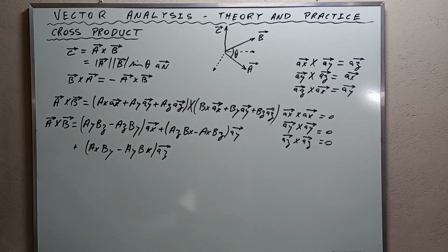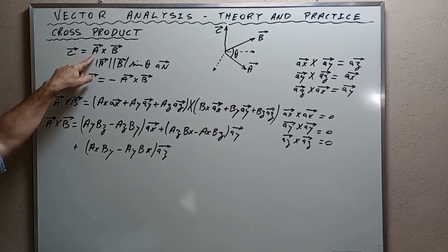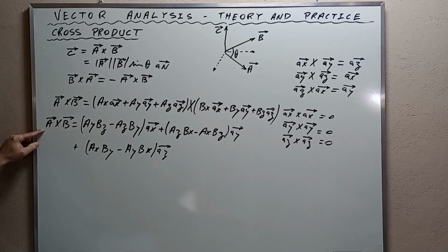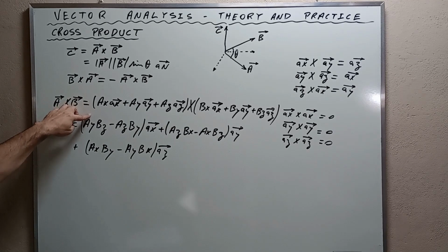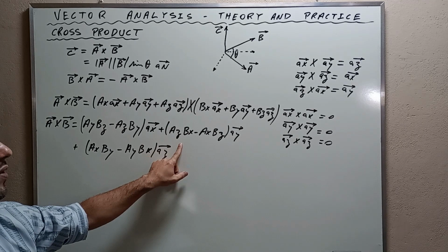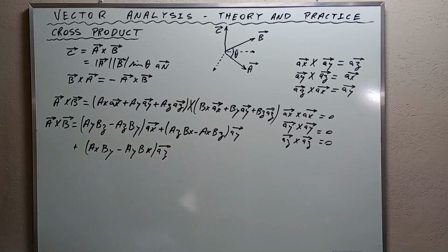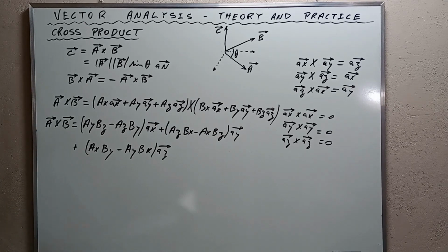Okay, this is the result. Vector C obtained from the cross product between A and B is this. The coordinates of C will be: CX is AY BZ minus AZ BY, CY is AZ BX minus AX BZ, and CZ is AX BY minus AY BX.